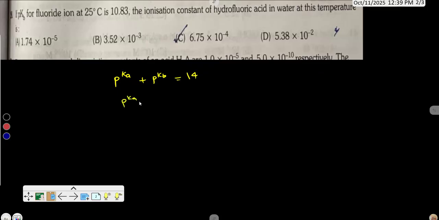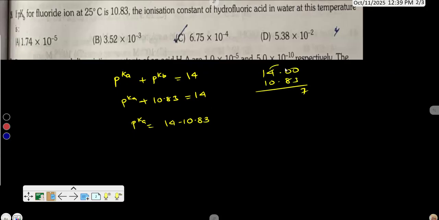So pKa plus 10.83 is equal to 14. pKa would be 14 minus 10.83. If I subtract, I get 3.17. So pKa is 3.17.